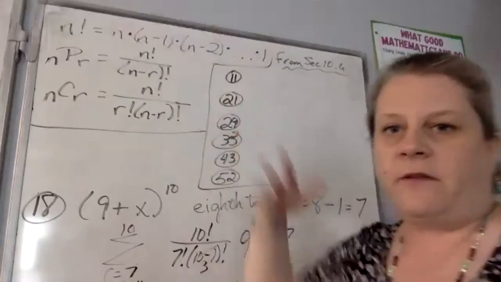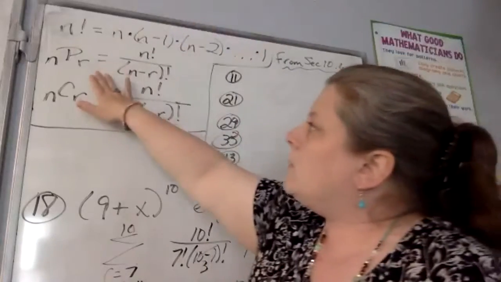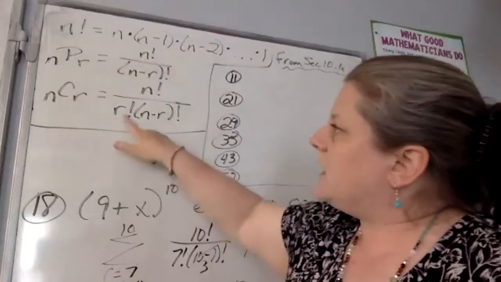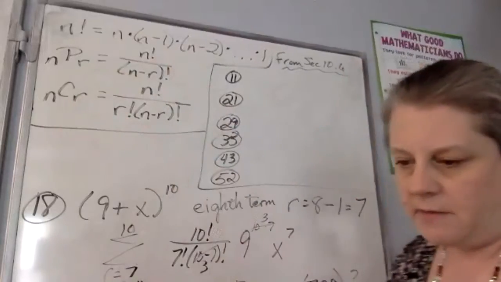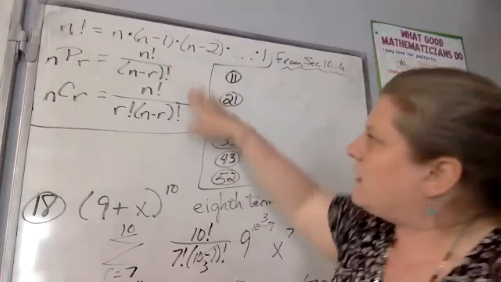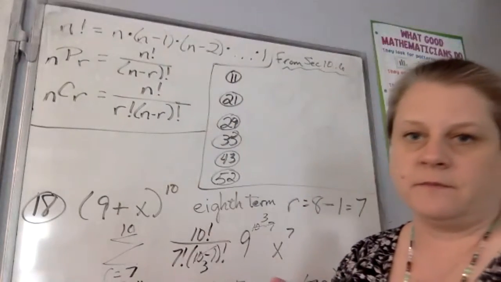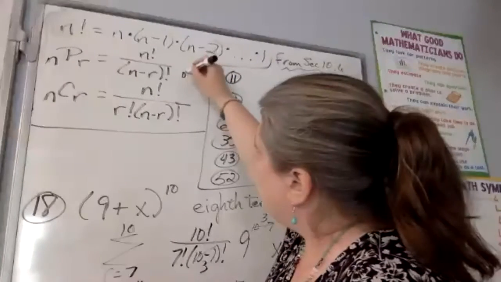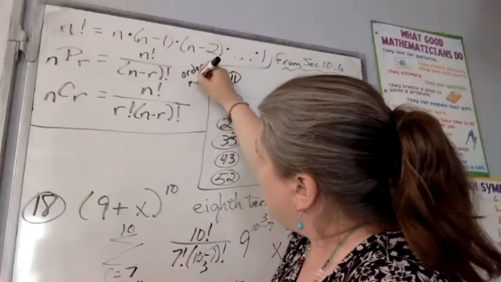You count down for factorial. For permutation, the formula is this. For combination, it has the extra r factorial in the denominator. Now remember, which one of these does order matter, permutation or combination? Permutation, order matters.